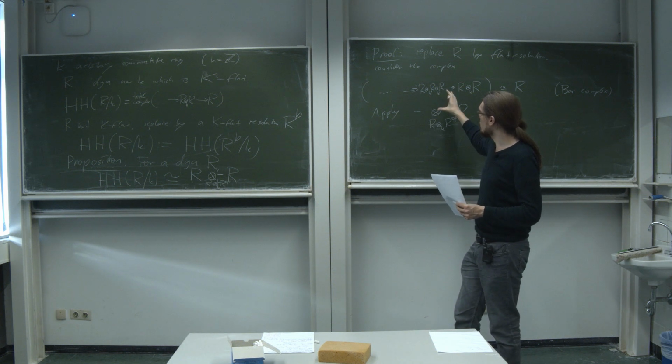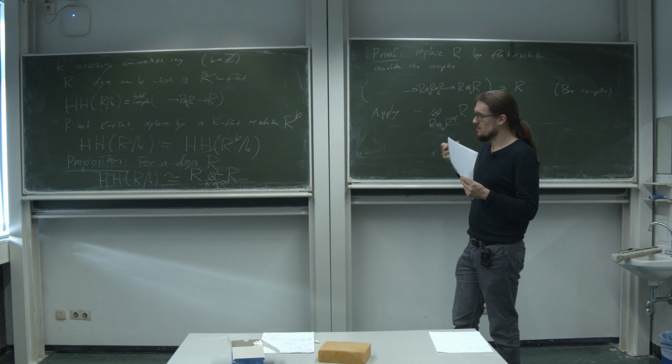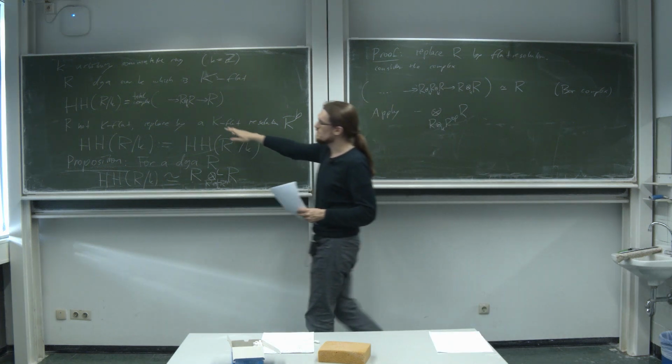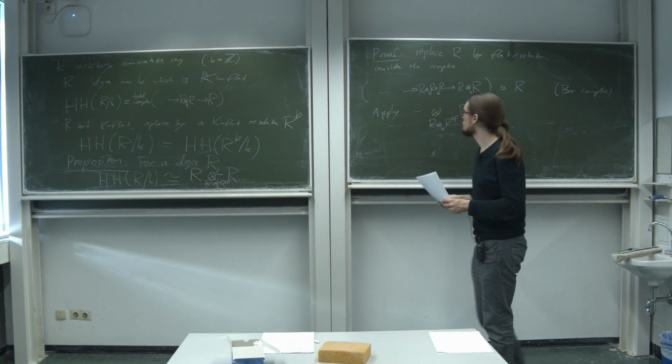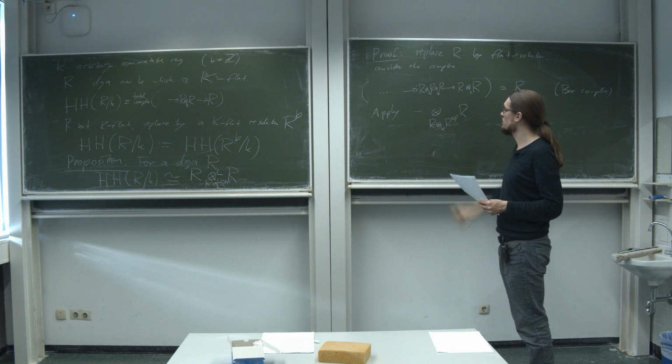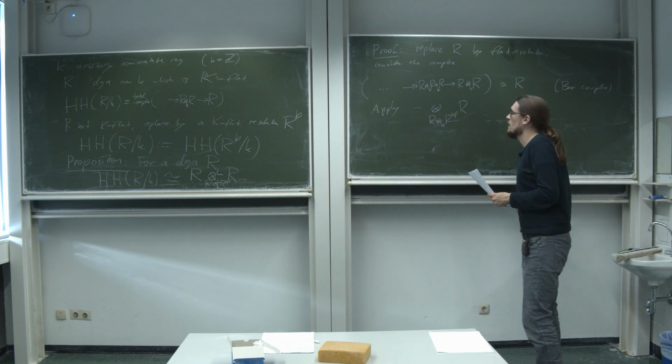So because of this relationship, the complex that appears in the definition of Hochschild homology is typically called the cyclic bar complex, because we've somehow closed the interval up.